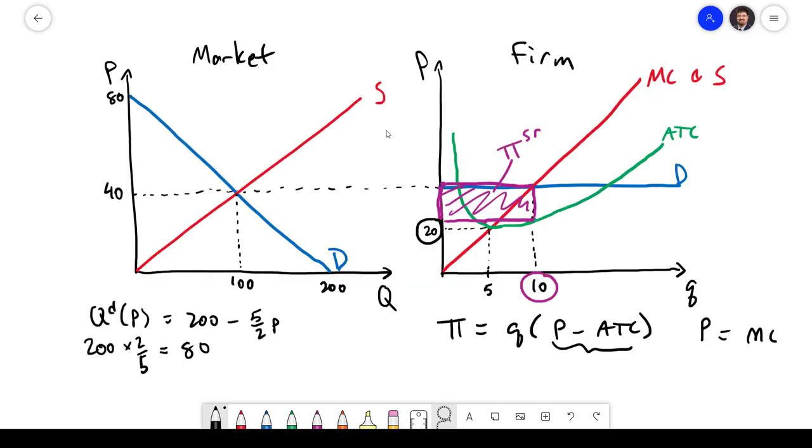Let's add all of our new information about the long-run equilibrium to the graph. We know that in the long-run equilibrium, the price is going to be 20, which is the minimum of the ATC. So I'm going to draw this all the way across our market graph.